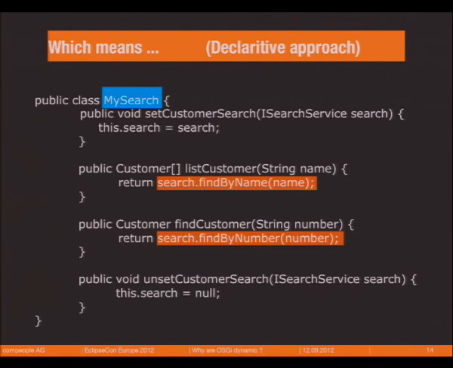Not in this case, because you made it a mandatory dependency, one-to-one. So those methods couldn't be called if the search reference is not there. So you don't have to null check, and in fact, you don't even need that unset method because you can just destroy the component if the service goes away. Oh, okay. You mean this component gets destroyed if the service goes away?